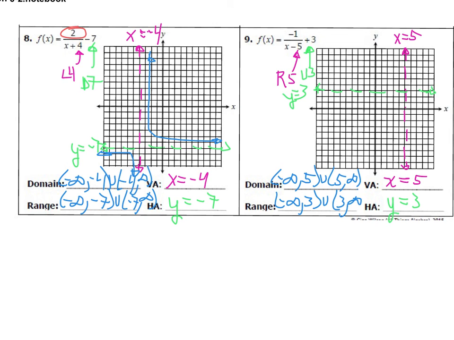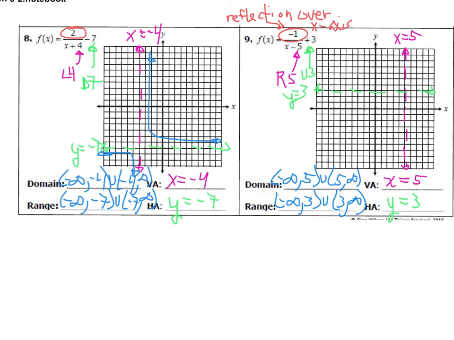Okay. All right, and so here's the issue now, right? Because I have a negative, that means that we have a reflection over the x-axis.